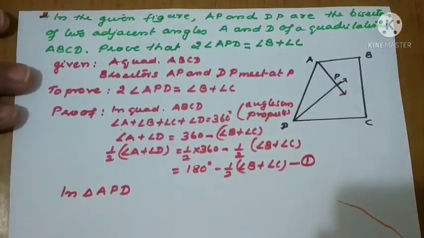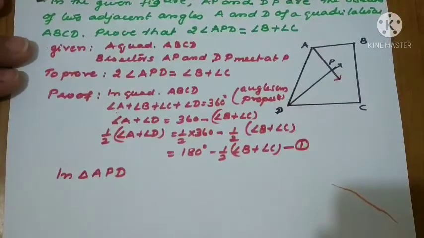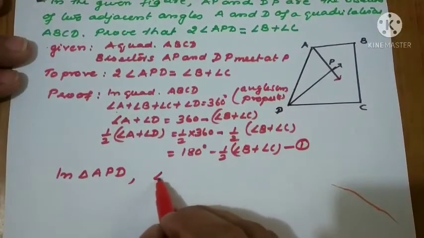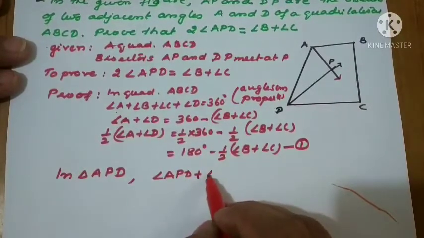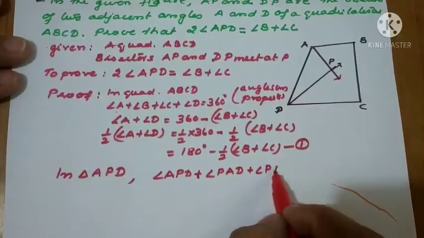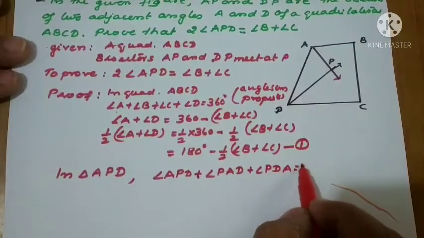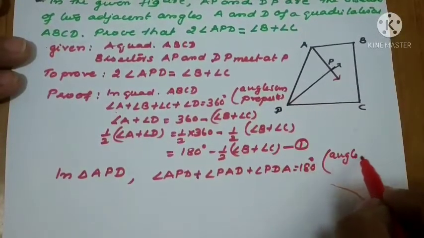Now in triangle APD, what can we write? Again the angle sum property. Because we have to prove angle APD, angle APD plus PAD plus PDA equals 180. Again the same rule, angle sum property.